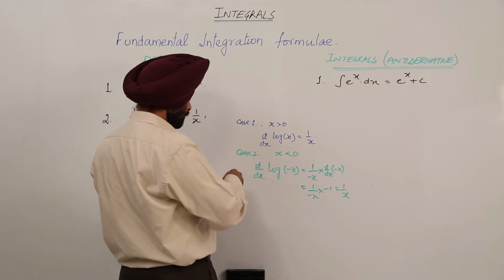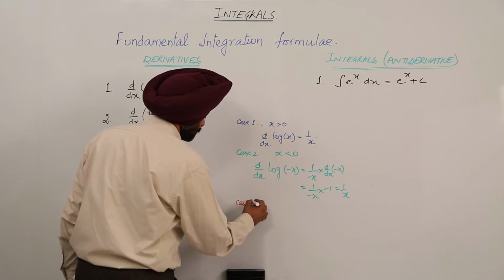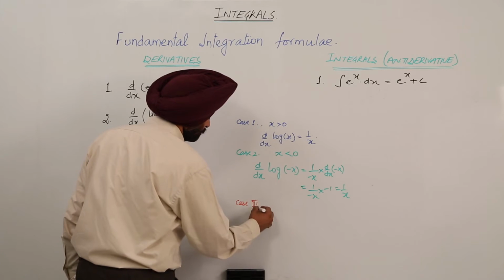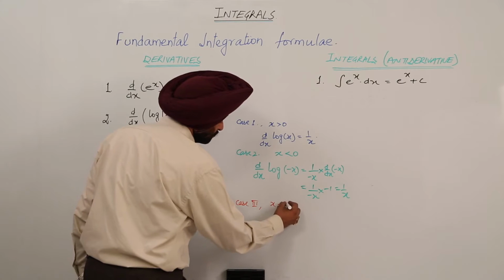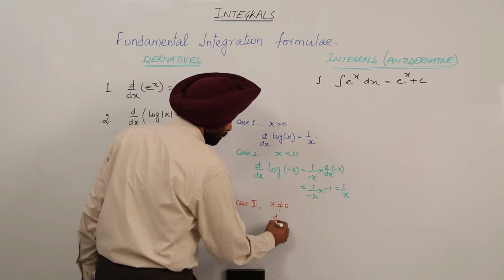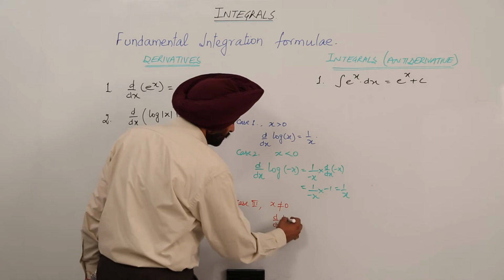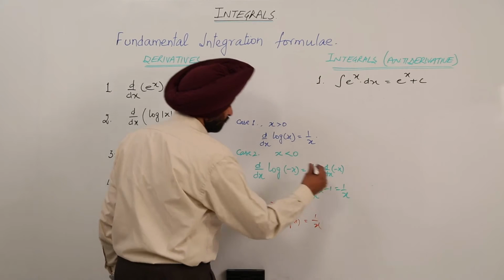And case 3. Case 3 is what? x is not equal to 0. When x is not equal to 0, then d by dx of log x is equal to 1 upon x.